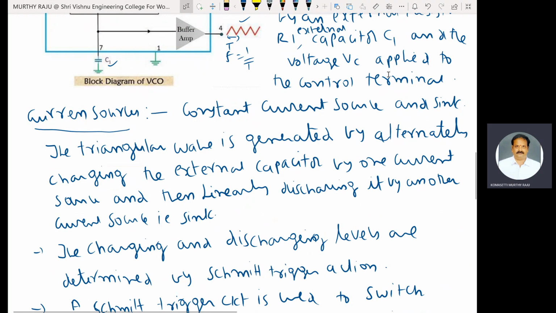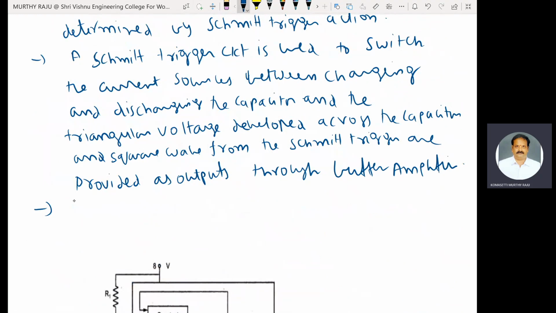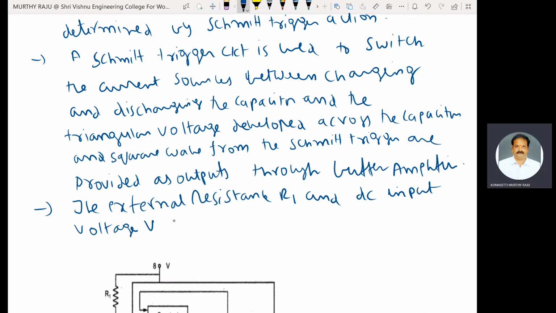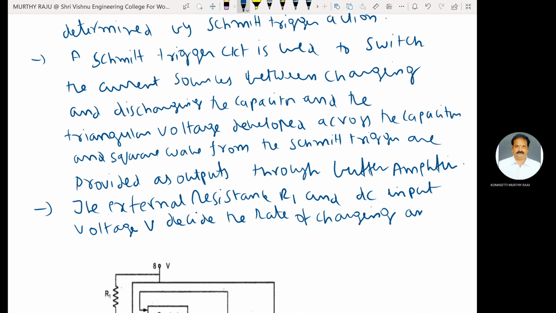Another important point here is the external resistance R1 and the DC input voltage V decide the rate of charging and discharging.